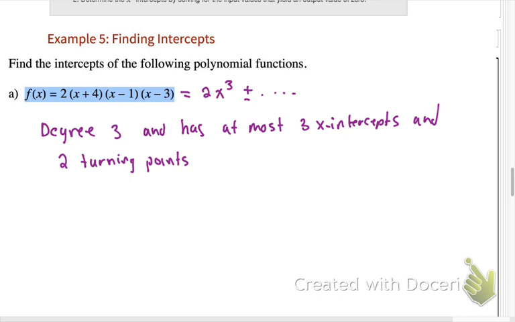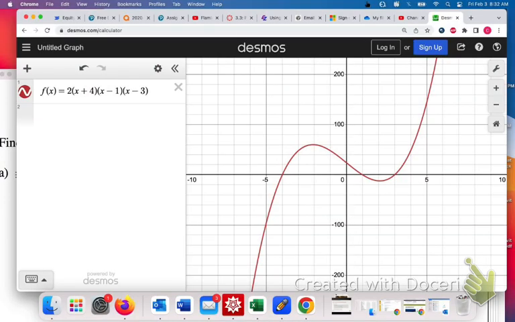So let's graph this in Desmos just to confirm. There should be 3 places at most where we cross the x-axis, and 2 places where the graph is going to turn at most. So here's that function from part A of the previous example, and you'll see from the graph that indeed it does cross the x-axis 3 times.